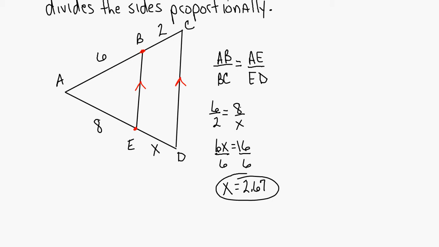The converse to that statement is on the next page, but you don't need to do all that writing. Here's the second part of this theorem that you want to understand. If you're given this picture, and now you're given the information, let's call this one ABC.